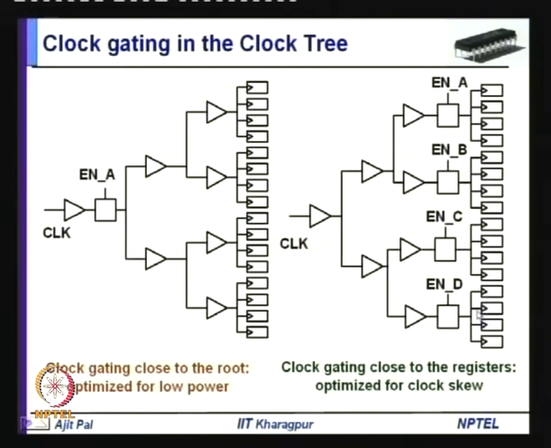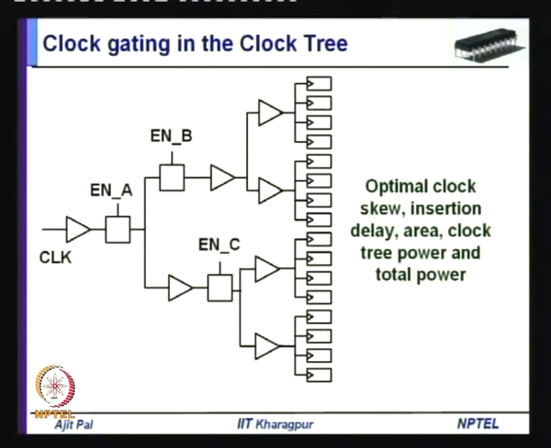So, essentially it is a trade off, it will vary from circuit to circuit, and you have to optimize for a particular application and circuit, as it is illustrated with the help of this example. In this particular case it has been optimized for clock skew, insertion delay, area, clock tree power and total power. So, all these parameters have been optimized.